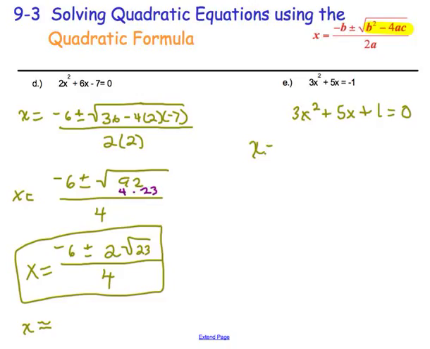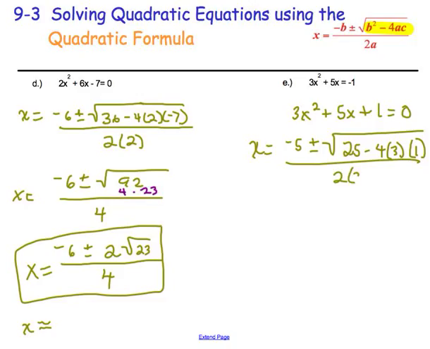So x will be equal to the opposite of b, which is negative 5, plus or minus the square root of 5 squared, which is 25, minus 4 times a, which is 3, times c, which is 1, all over 2 times a, which is 3. So this is negative 5 plus or minus, that looks like 12, so this is 13.